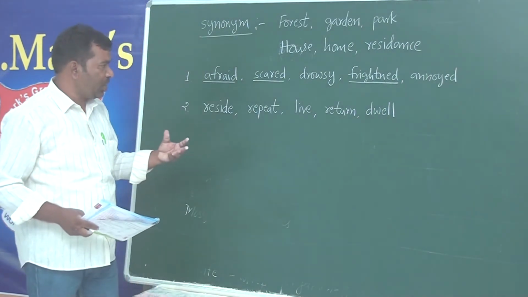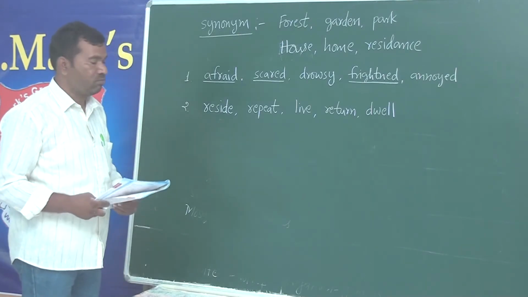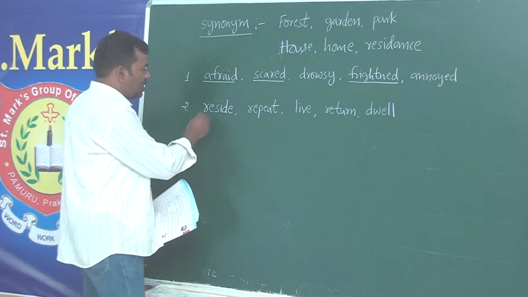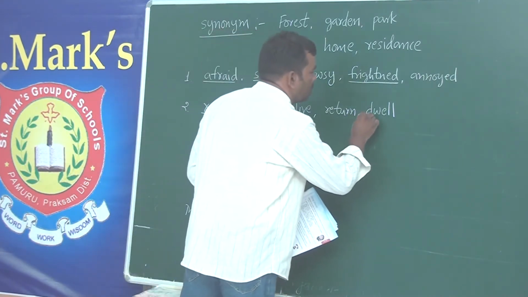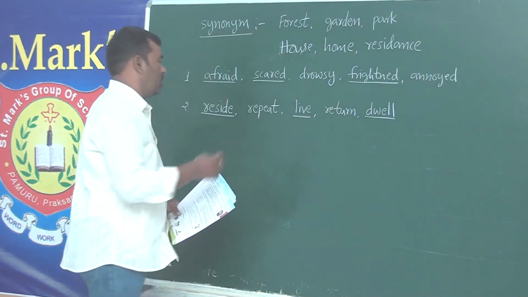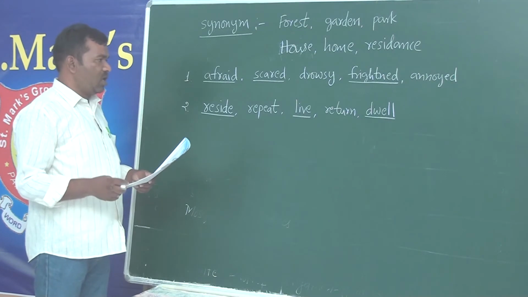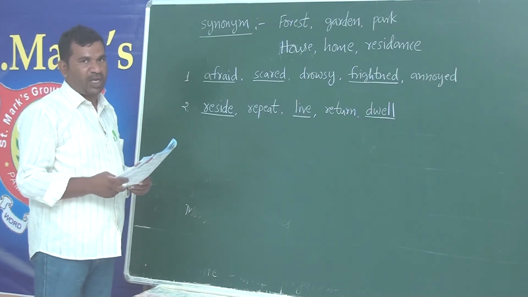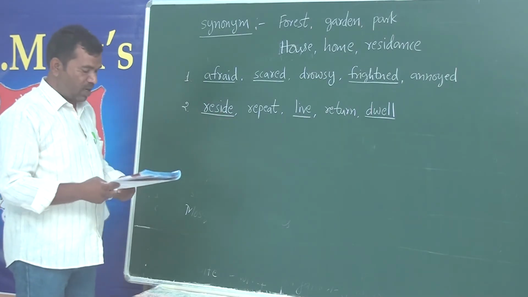Which 3 are the same in meaning among these 5? Reside, live or dwell. These 3 make the same meaning. It means living in a particular area. Okay? Reside, live and dwell.